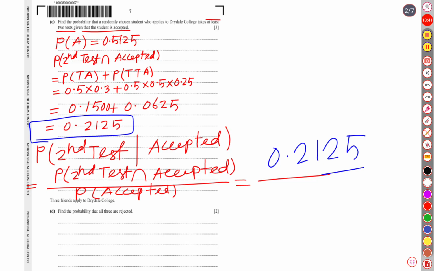Then the probability of acceptability without any restriction is 0.5125. Then what will the answer be? Let us do this division.